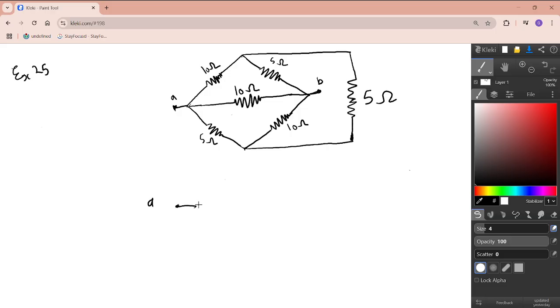So the whole thing becomes, we have A here, we have a 10 ohm and a 5 ohm, right? It's not a Wheatstone configuration, sorry. I took the 5 ohm wire outside, and now it's not a Wheatstone. We can still calculate the resistance and have it in parallel with this 5 ohm.